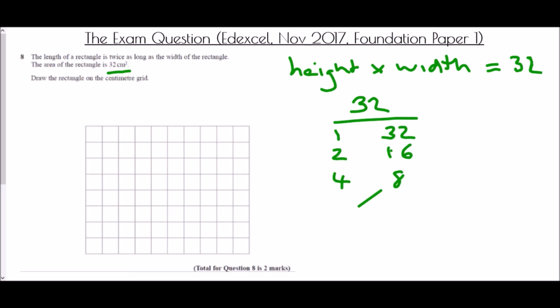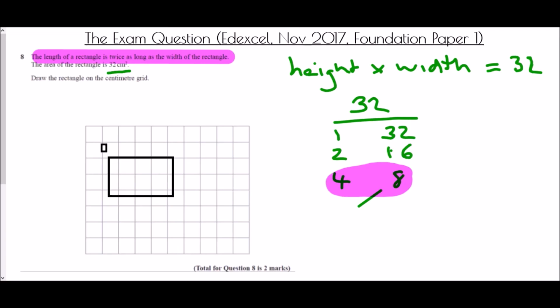Now for the next piece of information, we go back to the first line where it told us that the length of the rectangle is twice as long as the width. So we need to think about the values we've just selected and which ones fit that criteria. Well, the obvious answer is 4 and 8. So all we're going to do is draw ourselves a rectangle which is 4 by 8.